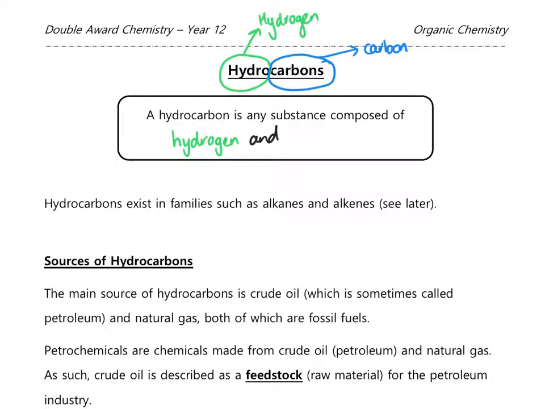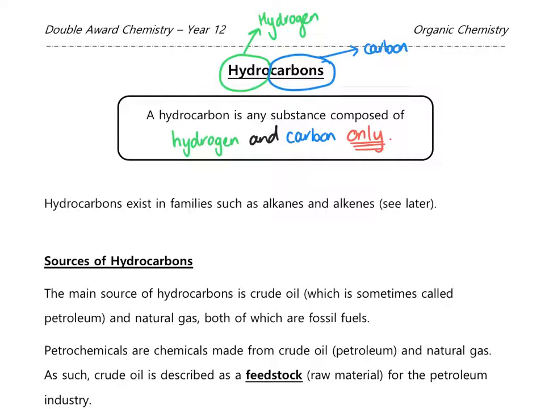So it is composed of hydrogen and carbon only. So put that in red and make that stand out. Hydrogen and carbon only, and that's really, really important. So hydrocarbons only contain hydrogen atoms and carbon atoms. They don't contain anything else.